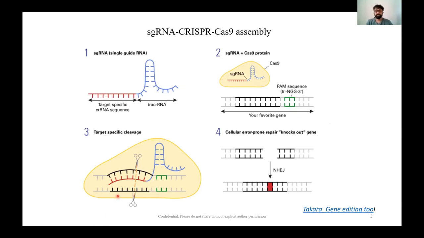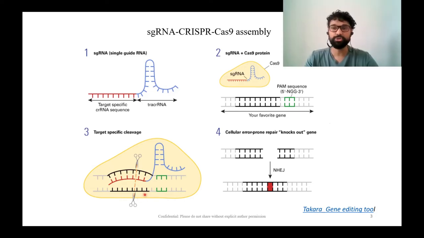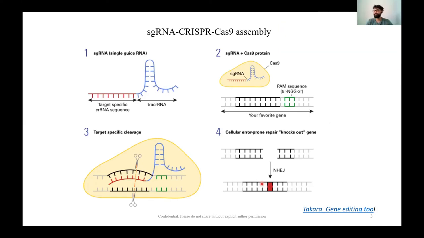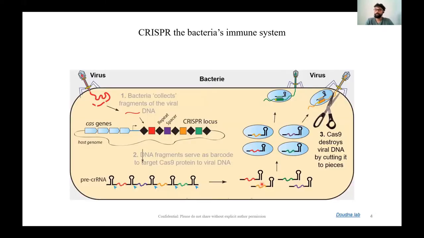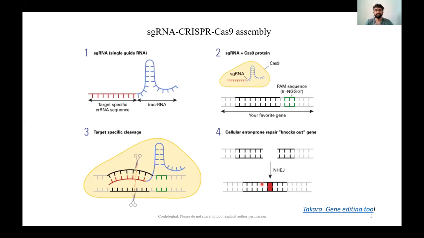If your target is specific, there will be a cleavage just 3 base pairs upstream of a site called the PAM site, the protospacer adjacent motif, right? And then the outcome would be, in the most likely scenario, non-homologous end joining, basically NHEJ. This will lead to something called indels, so basically insertions and deletions in most of the cases.